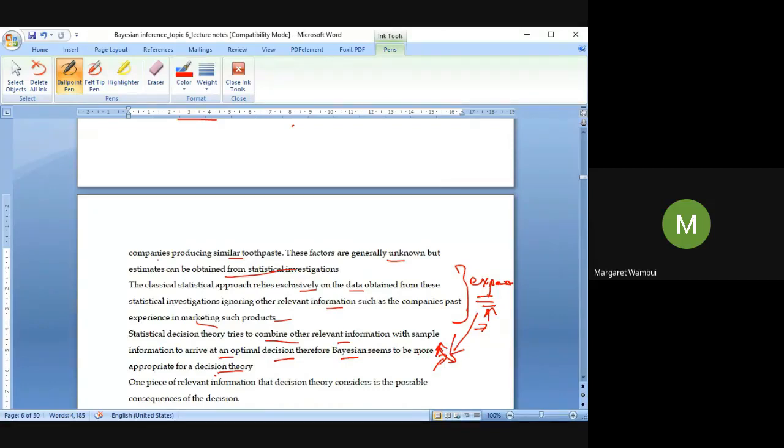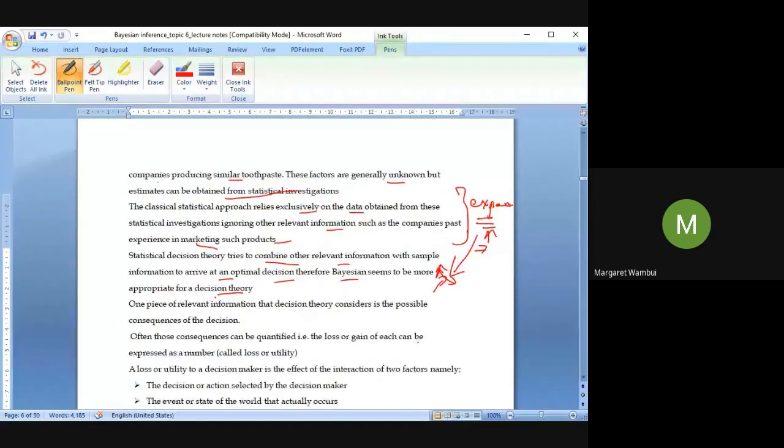Because if, for example, the first time you had a new product and you went out to market it, you can remember the experience that you got from the customers, from other companies, how they behaved, how they took it, the opinion they had about it. So you will take all that and combine it with the current situation and be able to be more effective in your new strategy of marketing the new product.